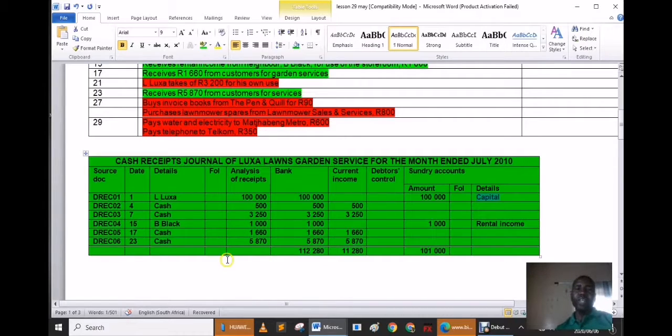Then, when we get to the end of the month, we want to add these columns. We are only leaving out the analysis of receipts column.